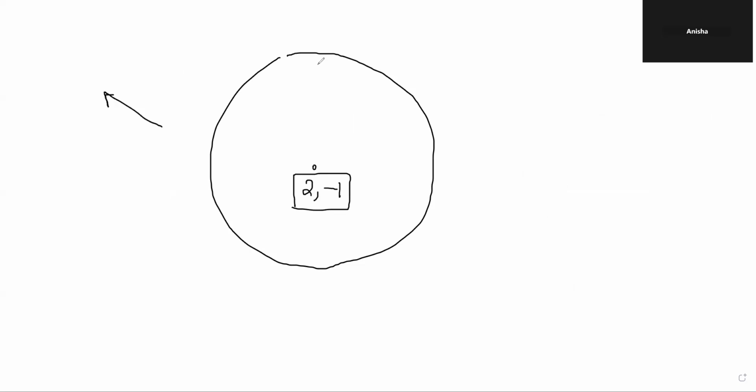Z lies outside this circle. Now, you also have to minimize the value of mod of z minus 1, right? So one point is 1 comma 0, so it will be somewhere here, correct? This is my x-axis.